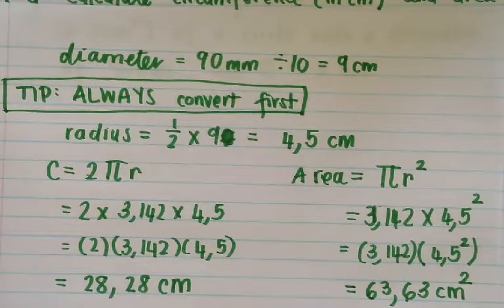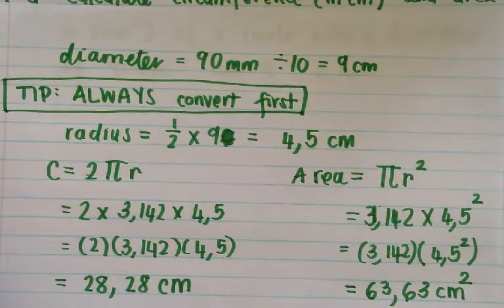So now obviously that is easy peasy once you get the hang of it. But sometimes I throw some curveballs at you when I talk about half circles and 3/4 circles and quarter circles.